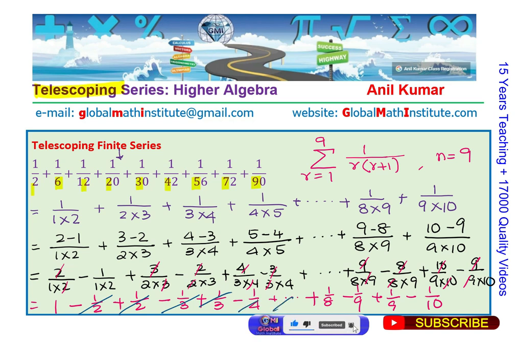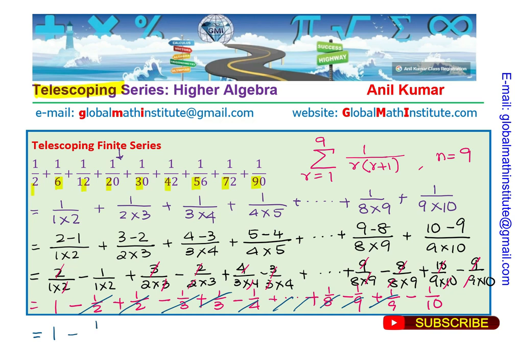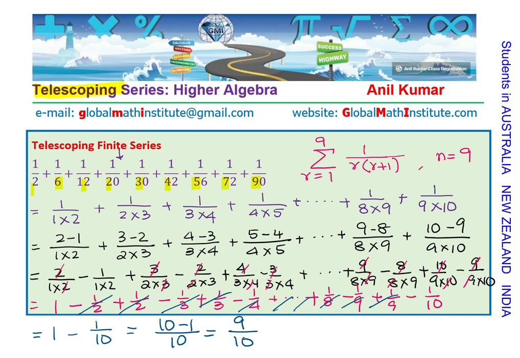And so we get our answer, which is 1 minus 1 over 10, which you could write as 10 minus 1 over 10 or 9 over 10. So that becomes the sum of this finite series.